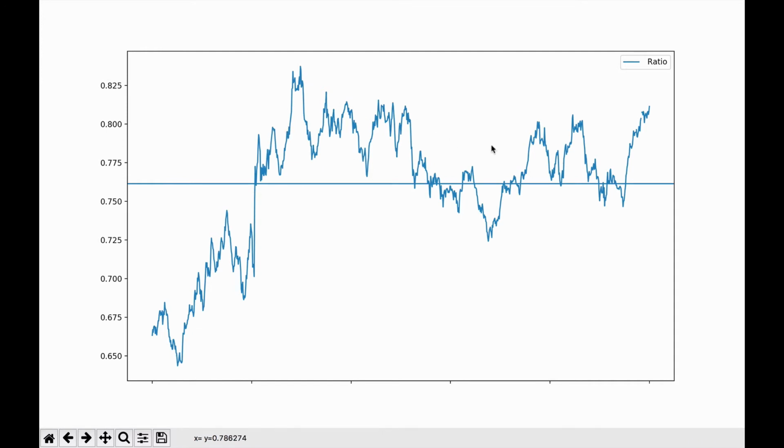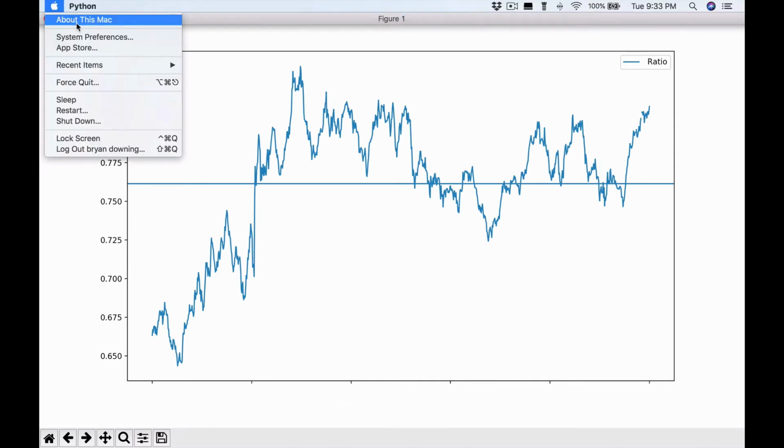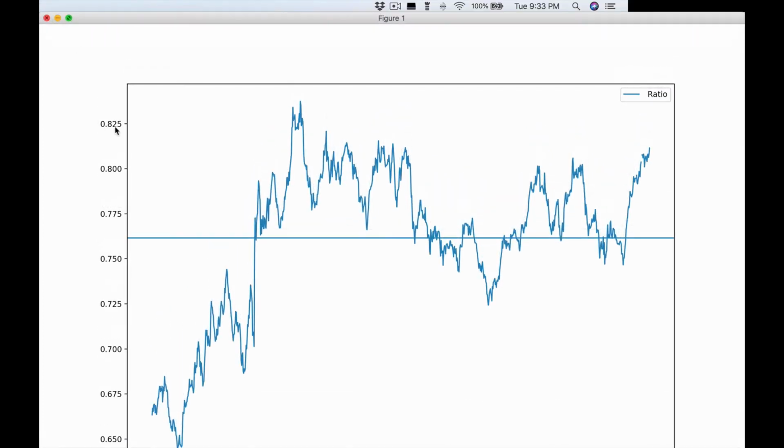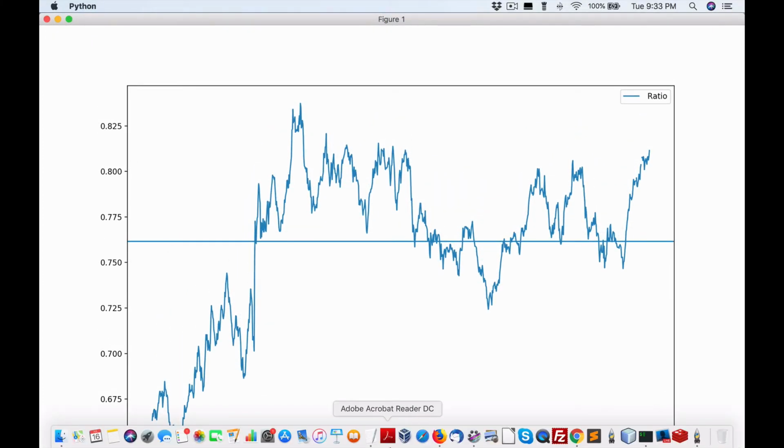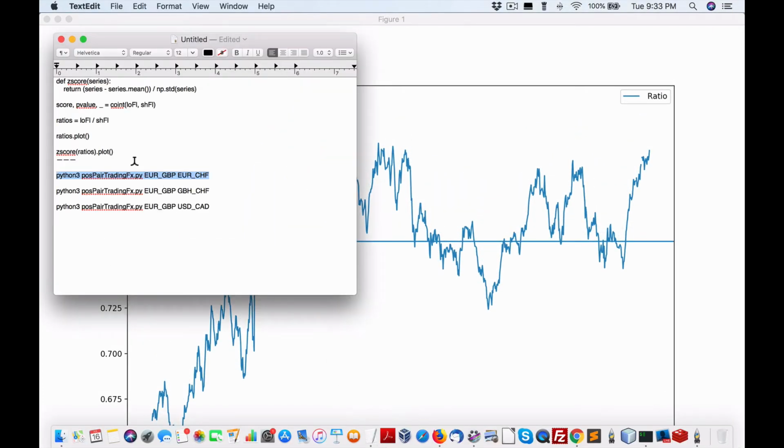This is the ratio itself. The ratio is the price of the long divided by the short close price, and that's an array.